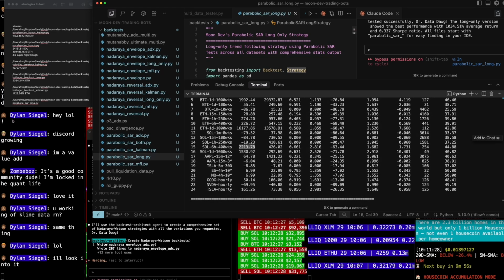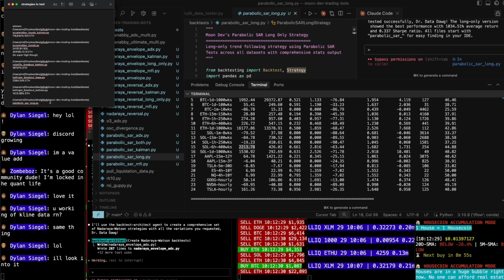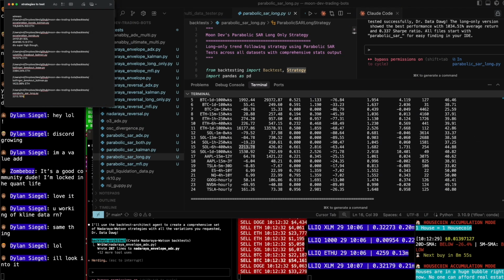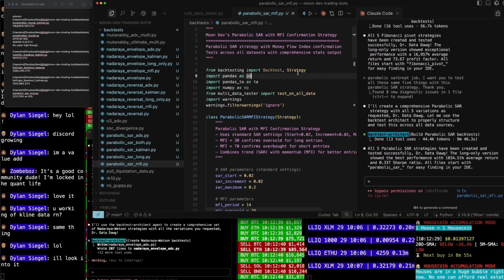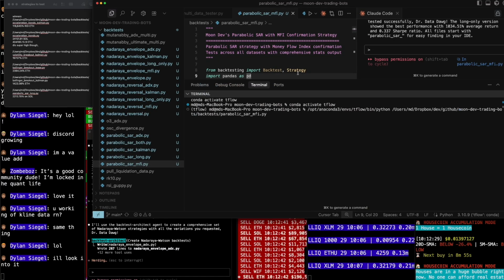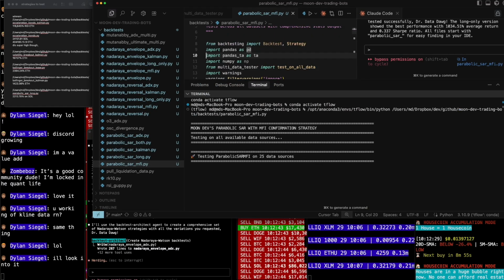Then let's try the MFI. I'm testing across 25 different data sets because I think it's important to see strategies that work across multiple different data sets.